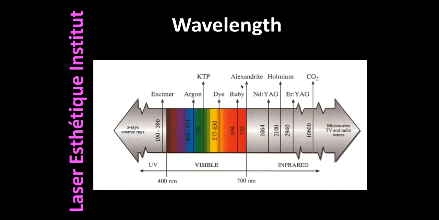With lasers, you make a very precise irradiation. For example, Nd:YAG is 1064, and it depends on the medium inside the laser, here a YAG with neodymium or erbium, and this gives the specificity of the wavelength.